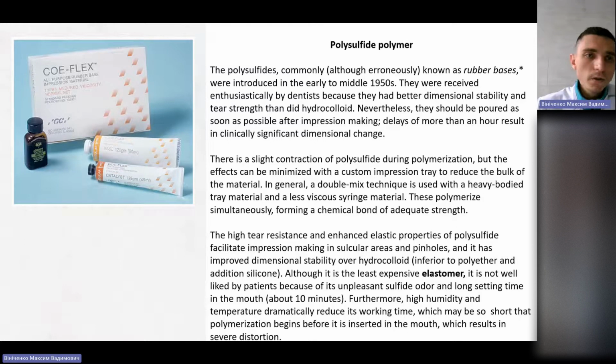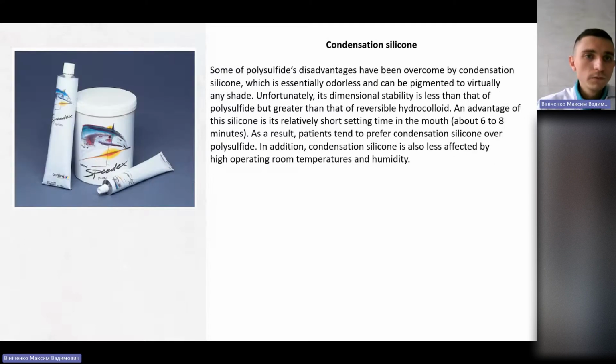Nevertheless, they should be poured as soon as possible after impression making. Delays of more than an hour result in clinically significant dimensional change. These polysulfide polymers are also not available in Ukraine, so you couldn't even buy them to use.